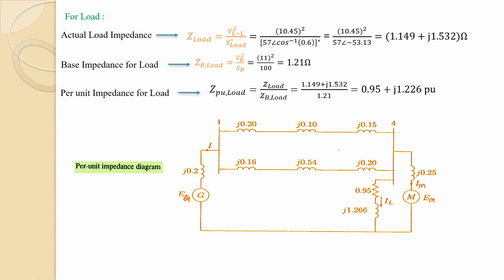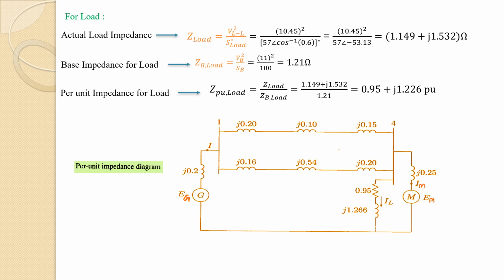Now the calculations for the load will be carried out, and for that again first we need to calculate the actual load impedance. So the actual load impedance will be calculated as the V line to line square divided by the conjugate of the apparent power of the load, because in the question the load apparent power at 0.6 power factor lagging is specified, and that we are writing as 57 angle cos inverse 0.6.